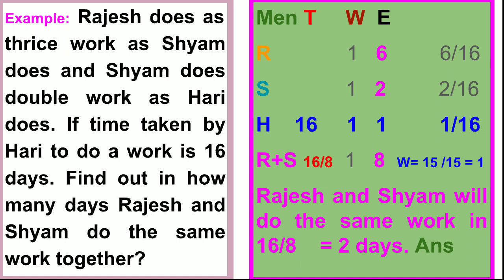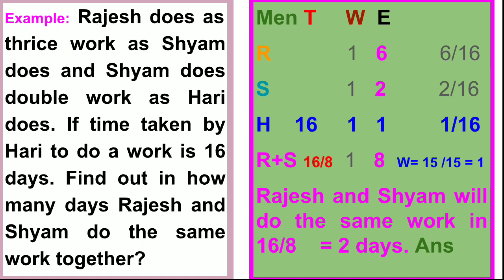We can see here combined efficiency of Rajesh and Shyam becomes 6 plus 2 equal to 8. Work means here also 1, and 1 means 16 divided by 16, means total work is 16 units.